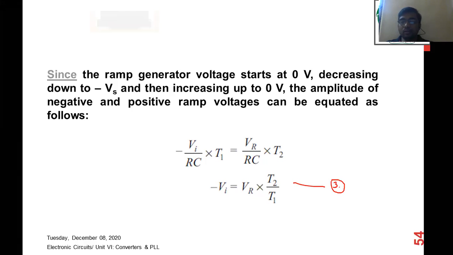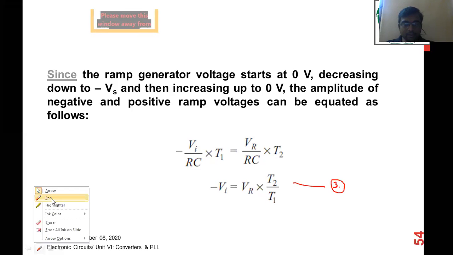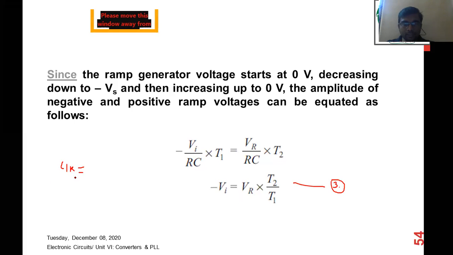For example, consider the frequency of the clock signal is 1 megahertz, and the reference voltage Vr is equal to minus 1 volt, and the fixed time period T1 is 1 millisecond.